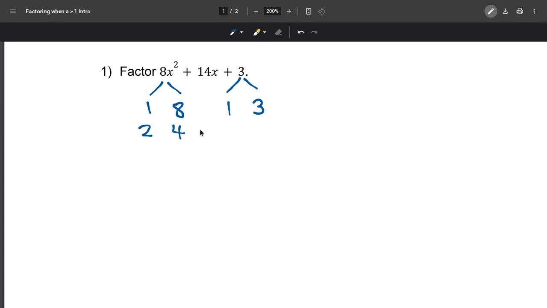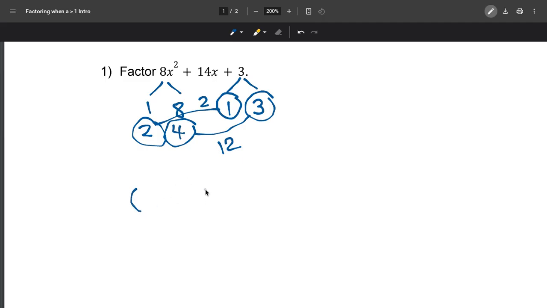So in this particular case, if I multiply 4 times 3, that's going to give me 12. I would then take 2, the other factor from the pair, and multiply it by the other factor from the pair here. 2 times 1 to get 2. 12 plus 2 is going to give me 14. So my factored form is going to use these numbers.